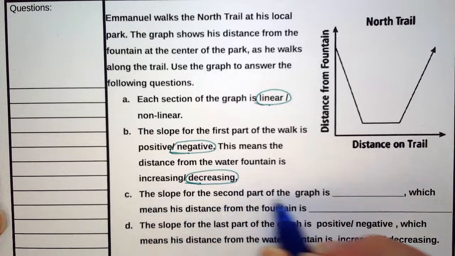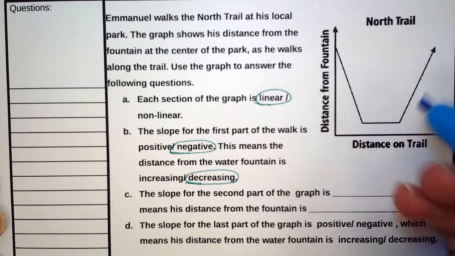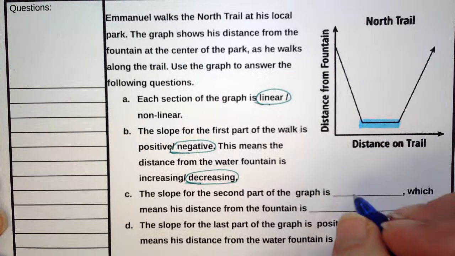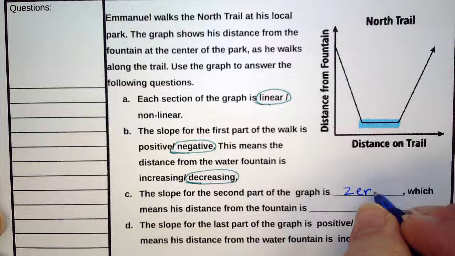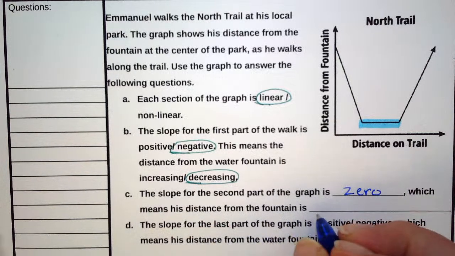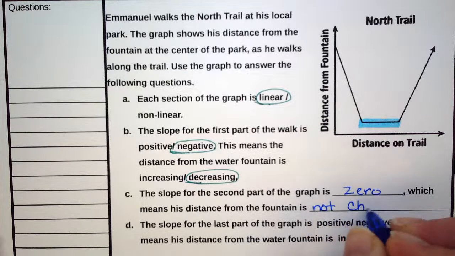The slope for the second part of the graph is. Now let's look at it. It's not going up, it's not going down. That means it is 0, which means this distance from the water fountain is not changing.